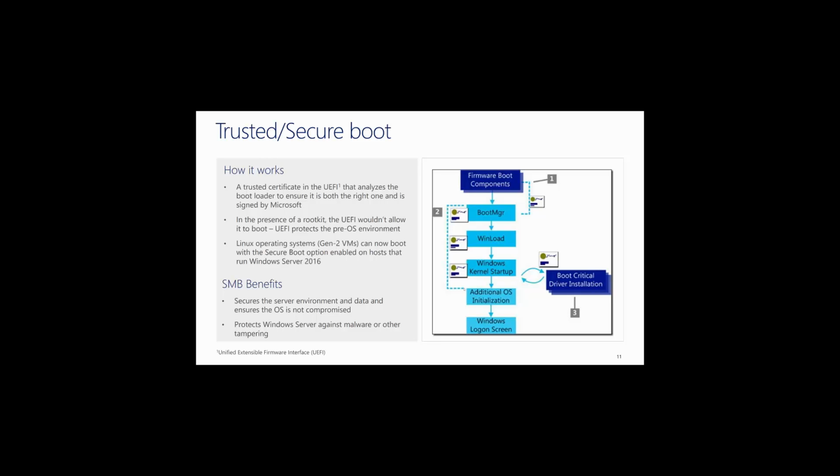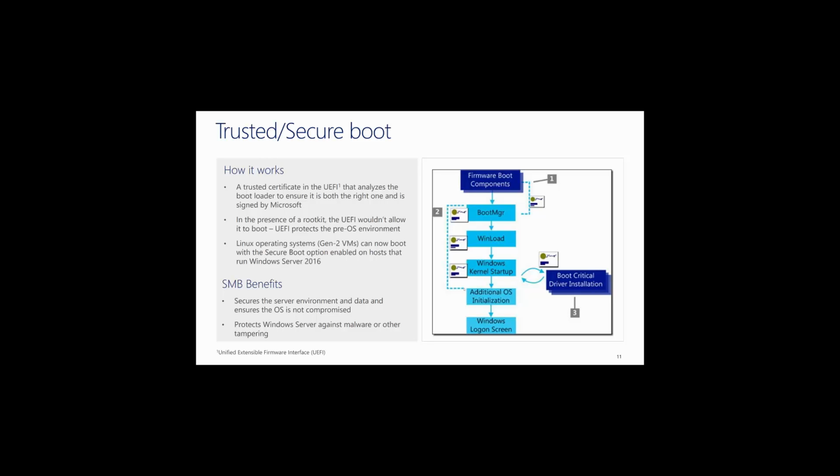So what are the SMB benefits? The important thing here is making sure that when we're loading via secure boot, we know that the OS is safe and protected, so that we know that the drivers are the drivers that they're supposed to be. Some of the things that occur during this is that it will do timing comparison.